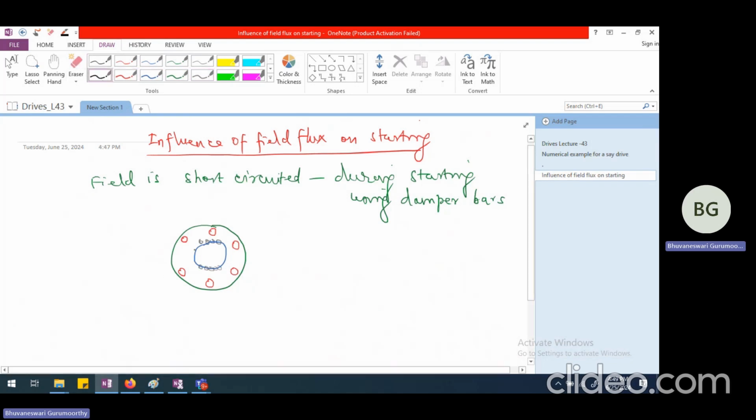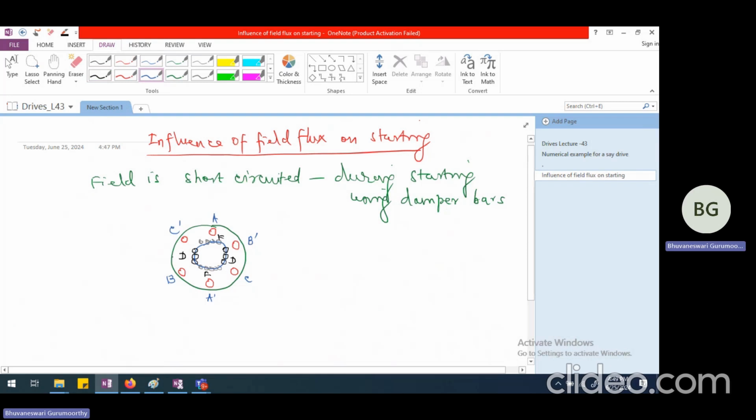On the other hand, I may have some damper bars sitting here along this. So these are damper bars, whereas these are going to be field windings, whereas these are the three-phase windings we talked about, A, A dash, B, B dash, and C, C dash.